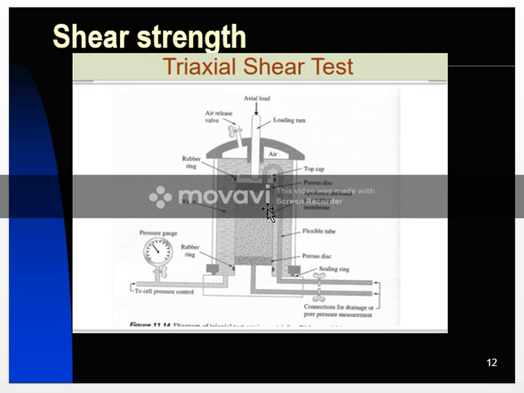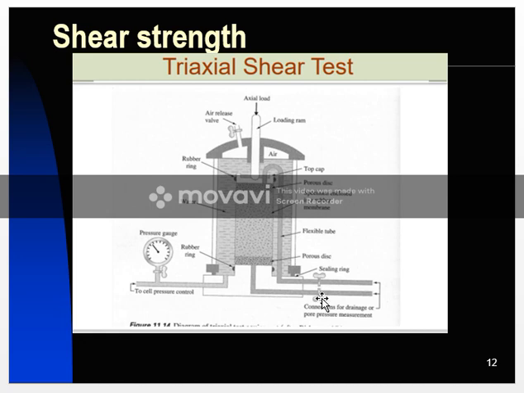Due to this external pressure, it may expel some quantity of water. It can be removed from two places, and this is considered for two cases. One is the consolidation phase, under drained condition and undrained condition. If we allow the water to drain out, it is the drained condition.